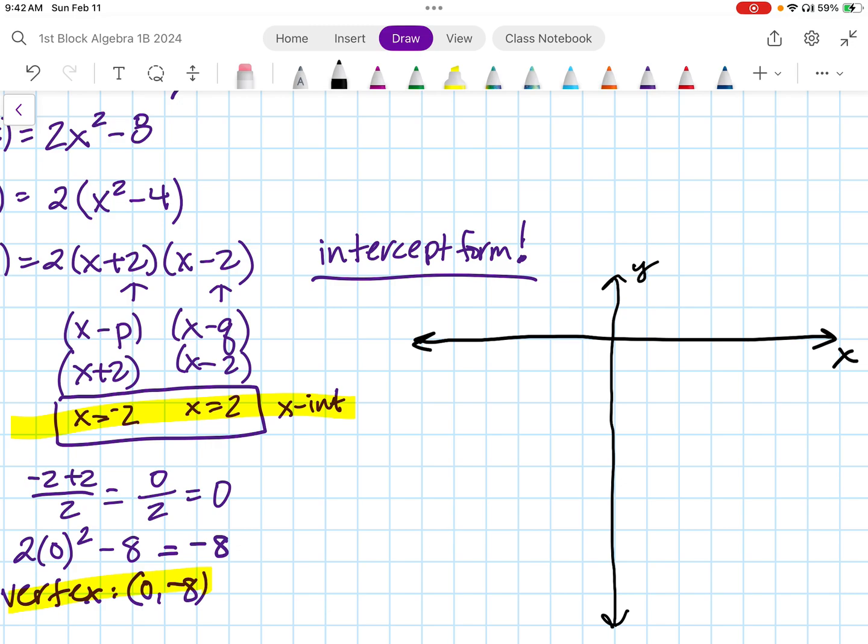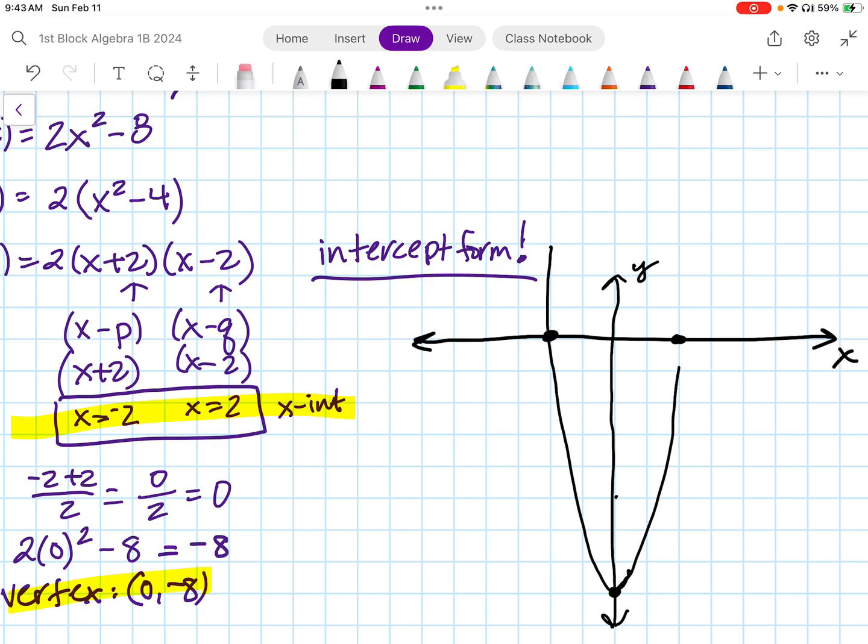All right, so my x-intercepts, -2, +2. I know it's going to open up and it appears that way. (0, -8). 1, 2, 3, 4, 5, 6, 7, 8. This is very skinny. It's going to be really hard to make it not pointy at the end. So we sketch our smoothly curved line.